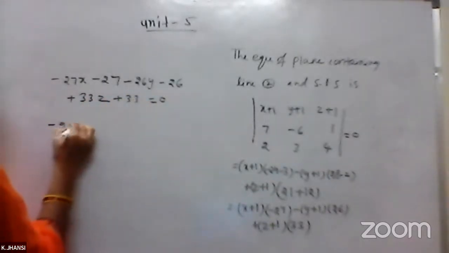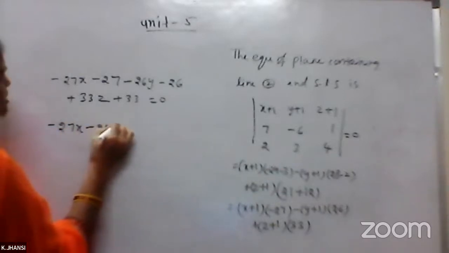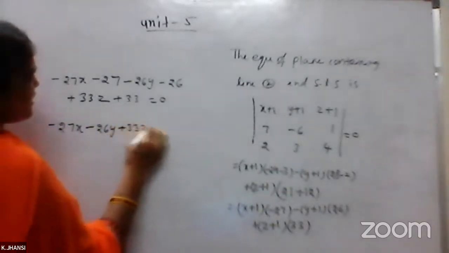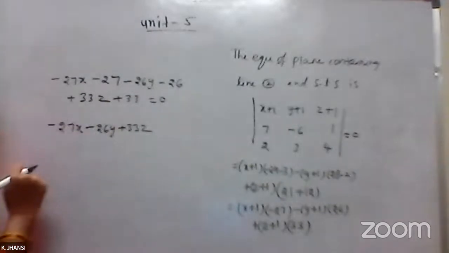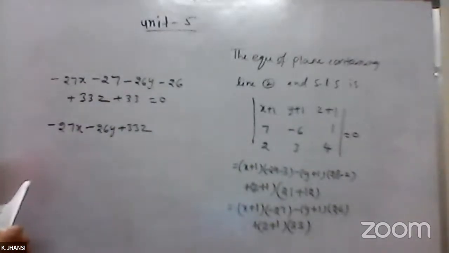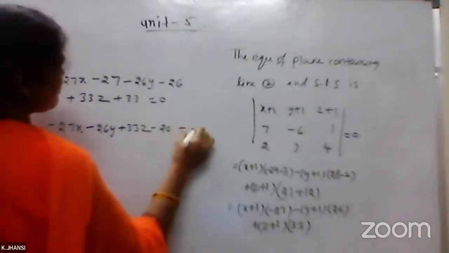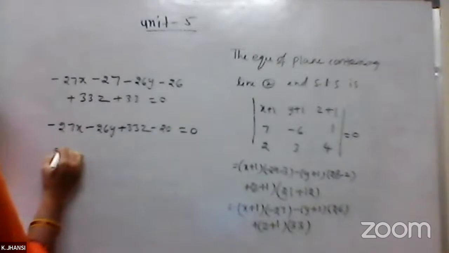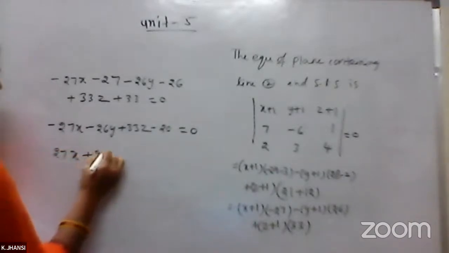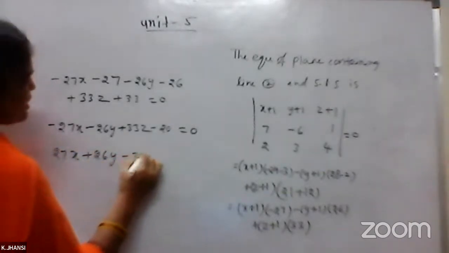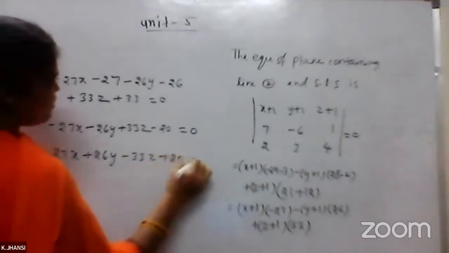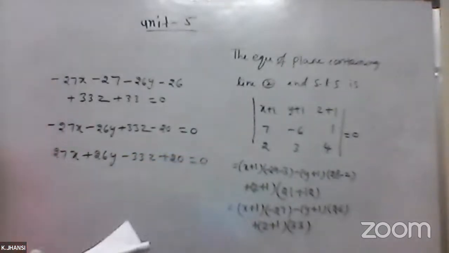That is minus 27x minus 26y plus 33z. 27 and 26 means it is 53, and 53 means you will get 20, that is minus 20. So when you take out the negative common, 27x plus 26y minus 33z plus 20 equals 0. Okay, so this is the second equation.